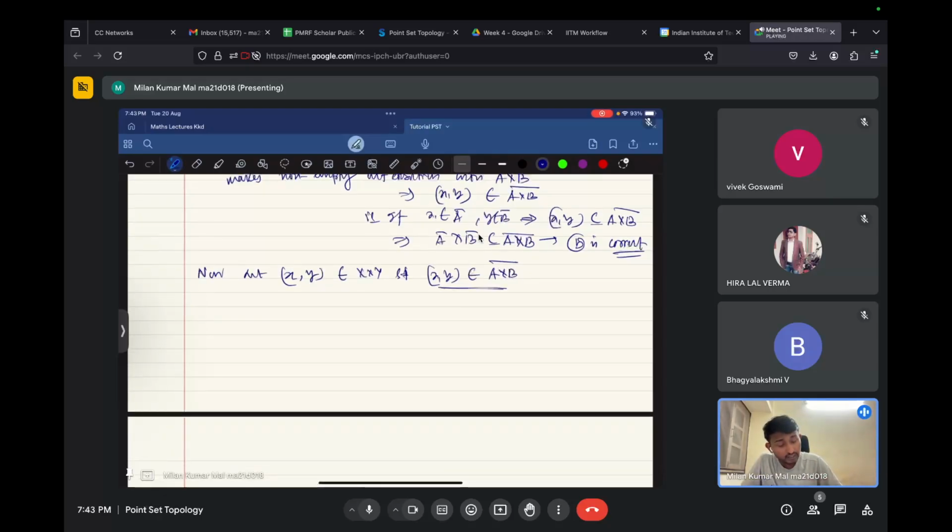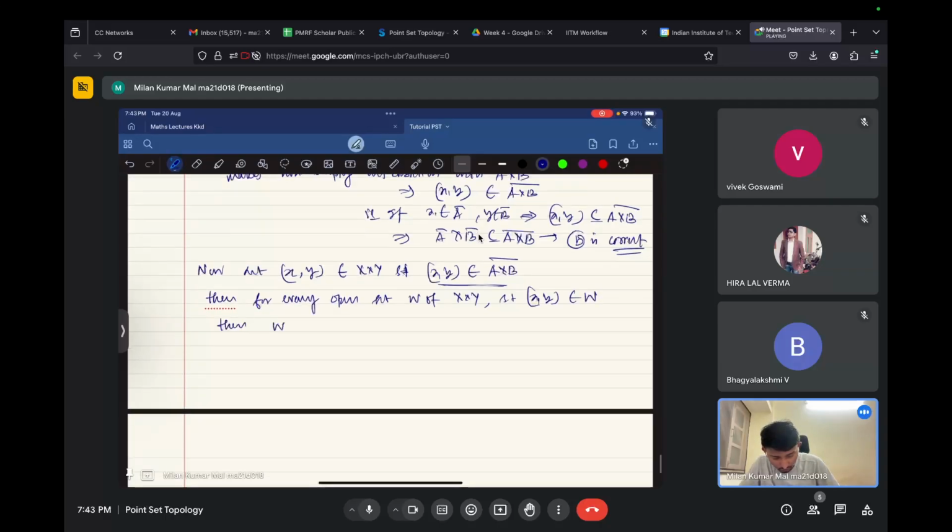Now as (x, y) is sitting inside the closure of A cross B, for every open set W of the cross product topology such that (x, y) is sitting inside W, this W intersection A cross B should be non-empty. That means there should exist (a, b), which may be (x, y), that doesn't matter.